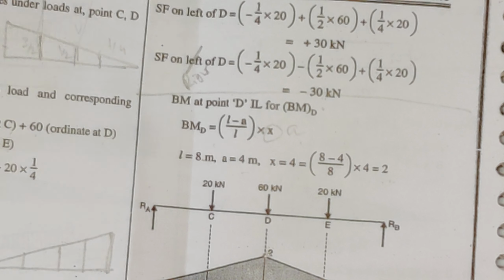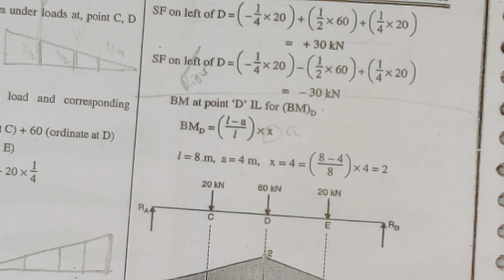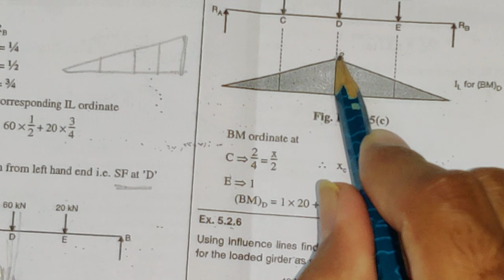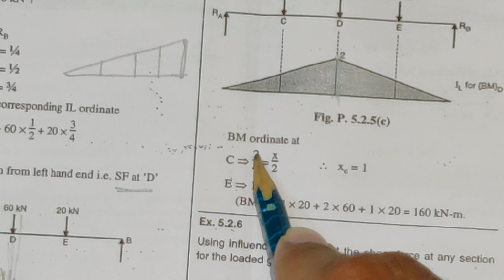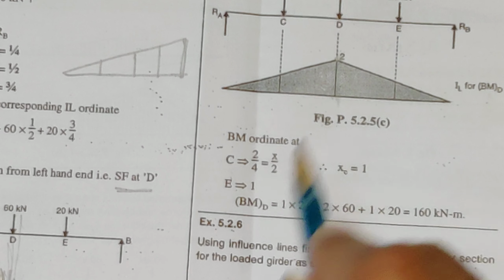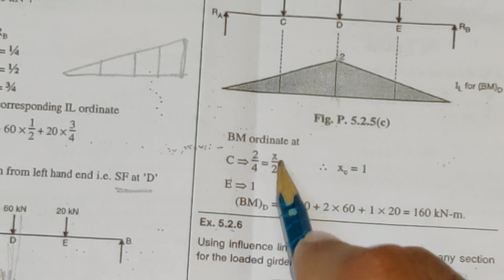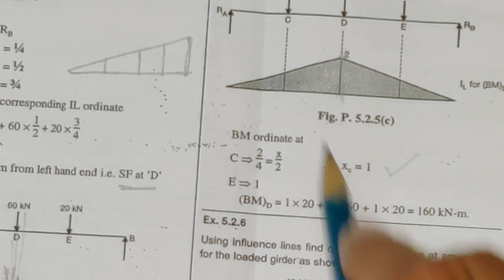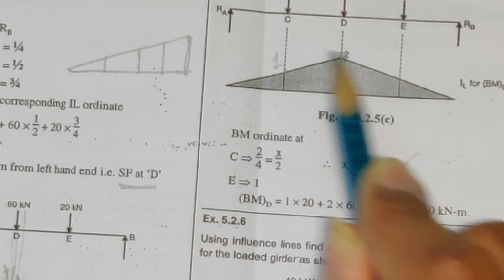So bending moment ordinate at C is equal to, so here it is 2, so at C you can write 2 by 4 is 2, but this length is 4, that is X upon 2. You can do this cross multiplication and find the value of X, that is here, this is 1.